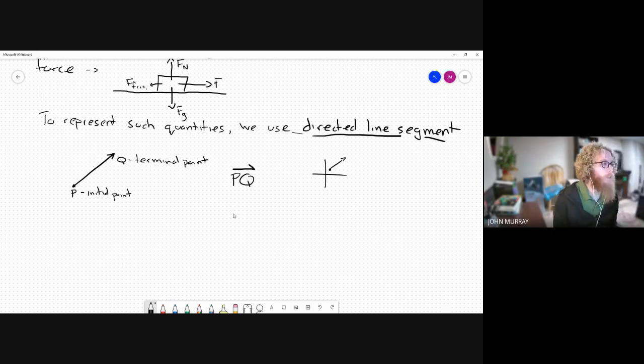Obviously which direction it points tells us the direction, but to calculate the distance is to calculate what's called the magnitude.